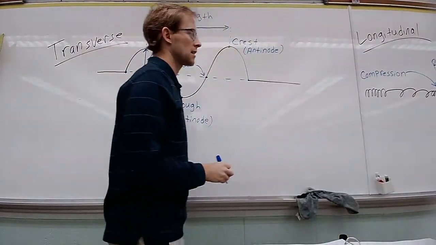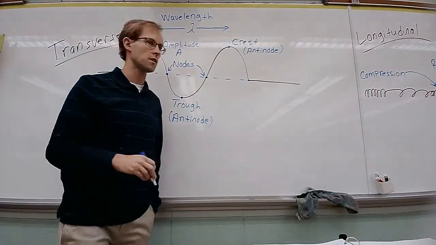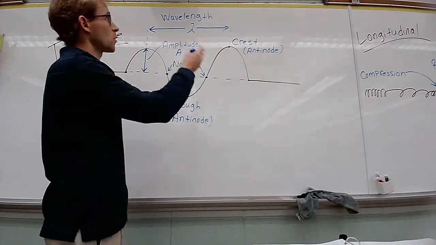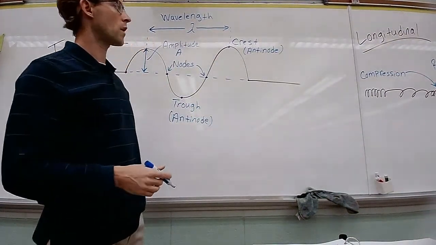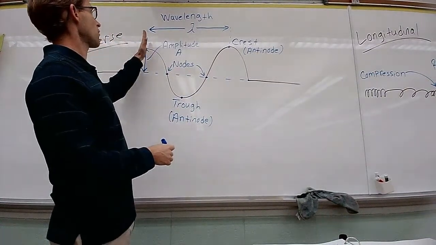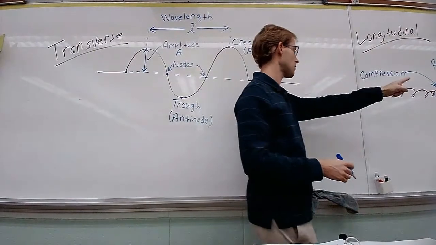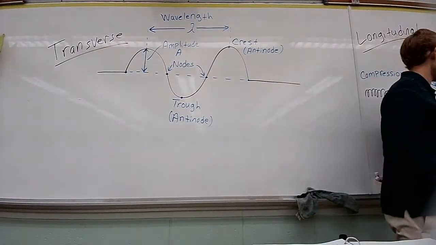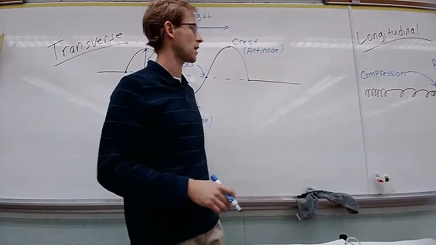And the last thing that we need to talk about with longitudinal waves is how you would figure out its wavelength. Wavelength is probably the most important thing we'll be dealing with on a regular basis through all this stuff. So your wavelength, in the same way as over here, it's from crest to crest. Here, it's going to be compression to compression. Or you could do rarefaction to rarefaction, but it's kind of hard to see the middle of where that is because it's so stretched out a lot of the time.